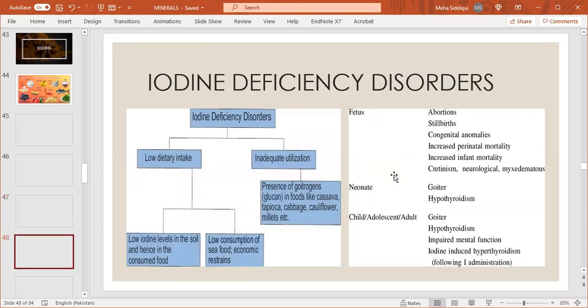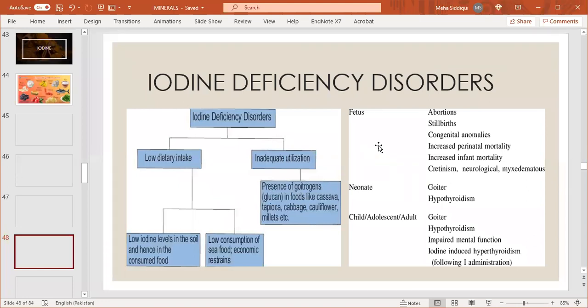Iodine deficiency disorders occur either due to inadequate utilization, that is, due to the presence of goitrogens in food, or through low dietary intake. Low dietary intake can be due to low consumption of seafood or due to low iodine levels in the soil and hence in the consumed food.